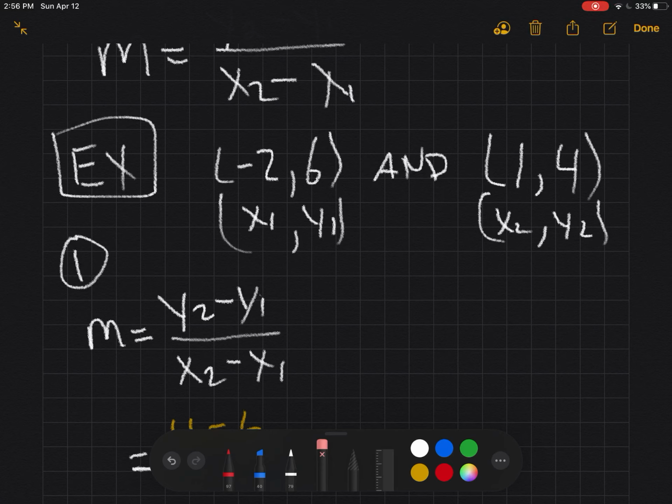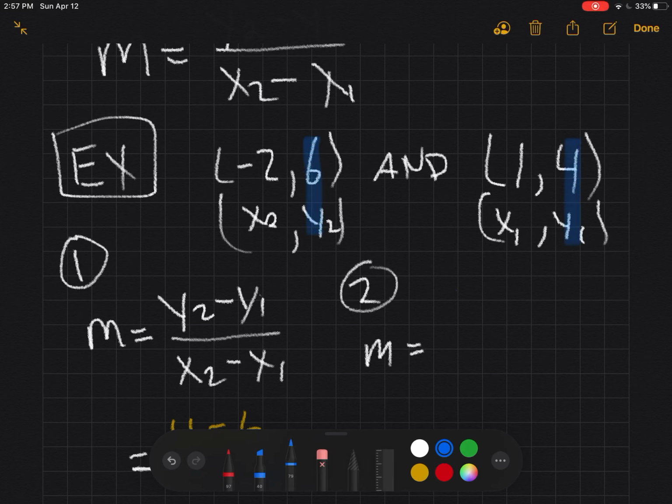All right, so what happens if I swapped the order of my points? I'll show you what that means. So I said -2, 6 would be our x1, y1. And I said 1, 4 would be our x2, y2. What if I change that? What if now all of a sudden x2, y2 is our first coordinate and x1, y1 is our second coordinate?